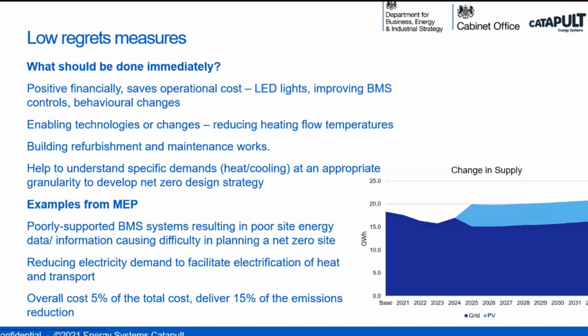It's also worth remembering that having a good understanding of heat and cooling demands really helps to formulate and develop a robust strategy to get to net zero. And building management systems or other sub-metering systems can be really helpful in that.